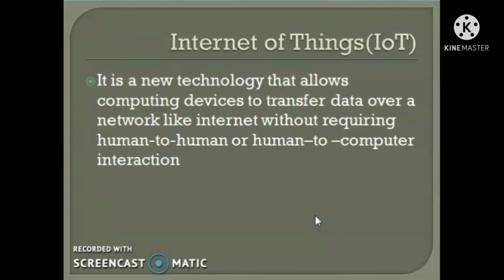The IoT, or Internet of Things, is a new age technology that allows computing devices, the devices that can be programmed and can connect to the internet, such as smart home appliances like a smart refrigerator or smart air conditioner, a smart heart monitor chip, etc., to transfer data over a network like the internet without requiring human to human or human to computer interaction.